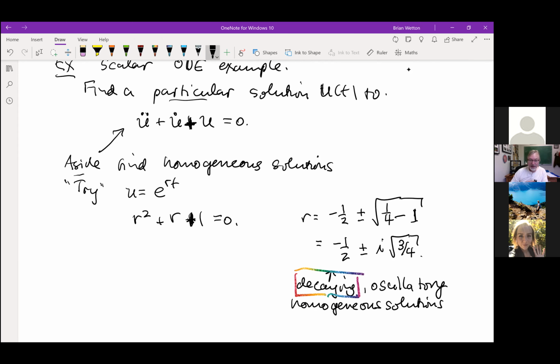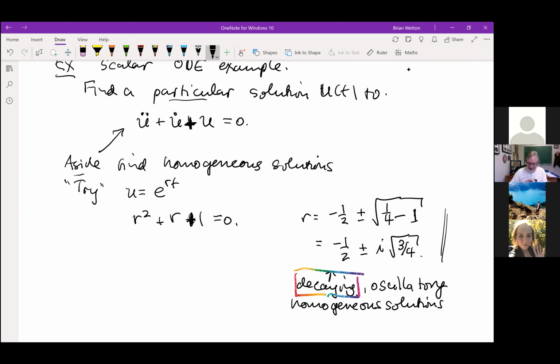So when I find the particular solution, depending on how you find it, it could have some components of the homogeneous solution in it, right?